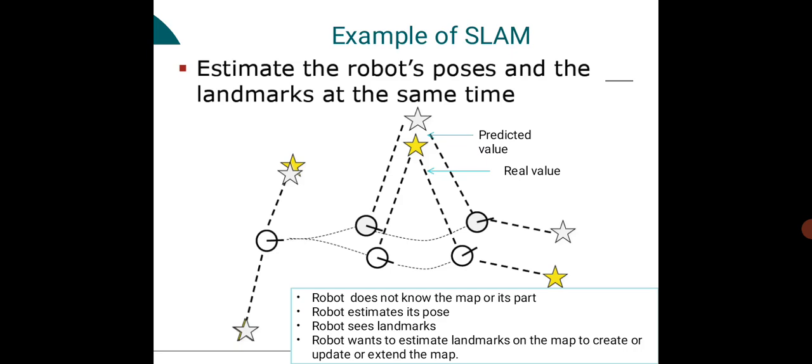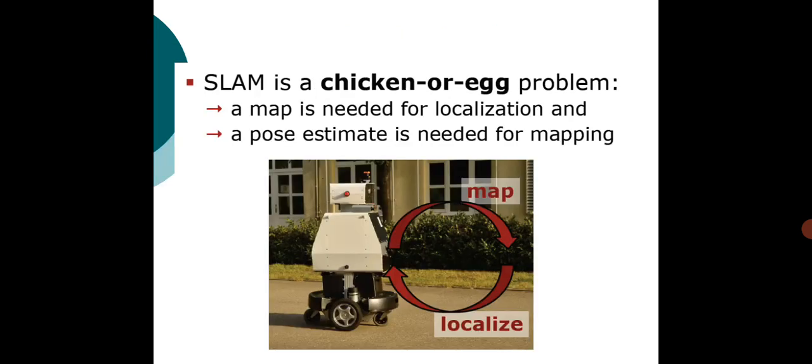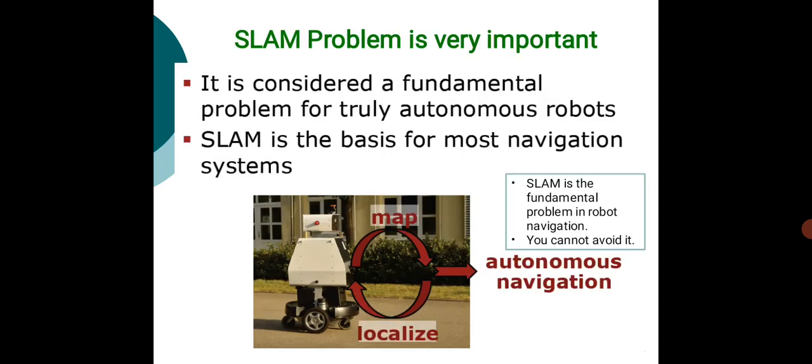Here also you could see the dotted line gives a real value, and the other gives a predicted value. And this is like a chicken or egg problem. What do we need first: a map for localization, or a pose estimate for mapping? So this is like a chicken and egg problem.